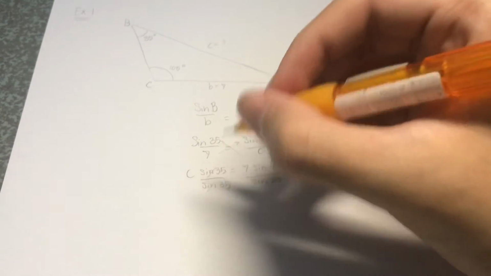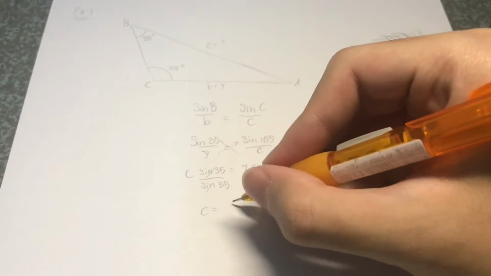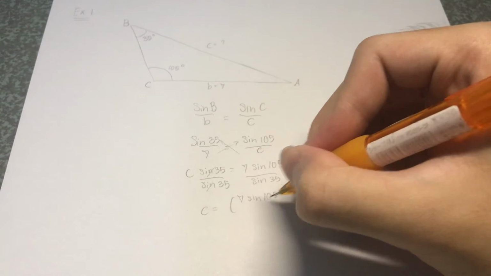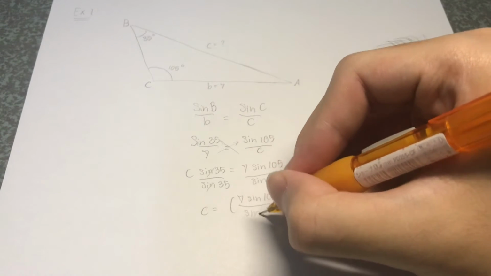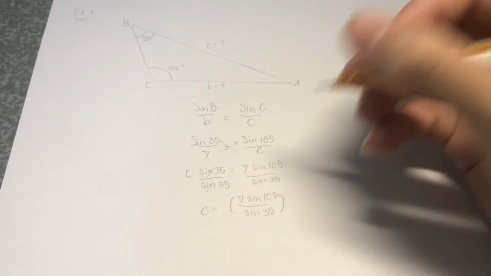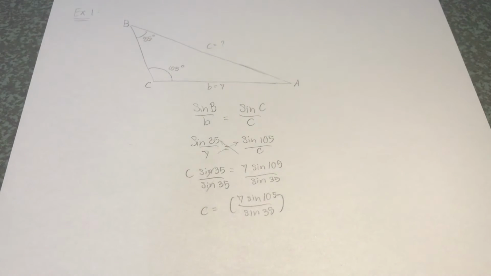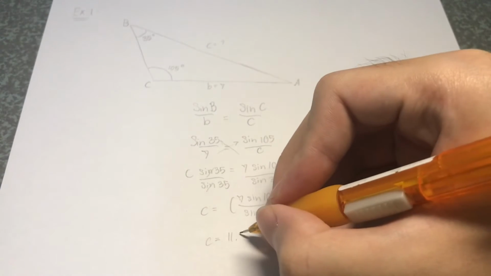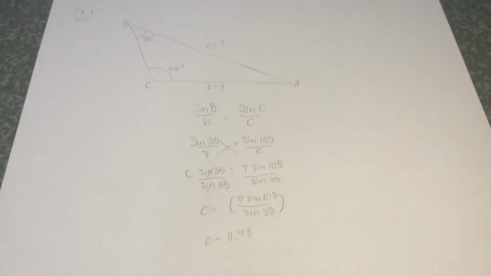Cancel. So c will equal 7 sine 105 over sine 35. Plugging it into the calculator, therefore c equals 11.78 or approximately 11.8.